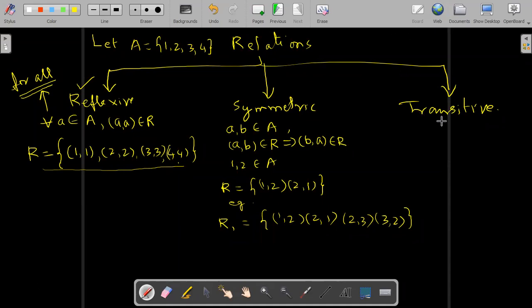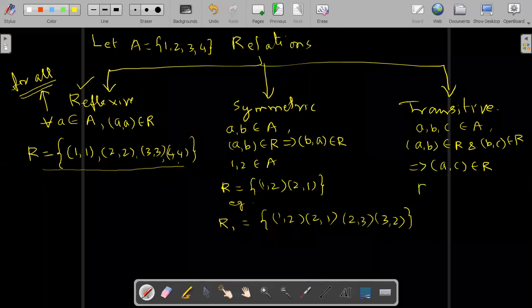Like that only, for three elements A, B, C: if (A, B) belongs to R, and (B, C) belongs to R, then it implies that (A, C) must belong to R. Then it is transitive. Okay.